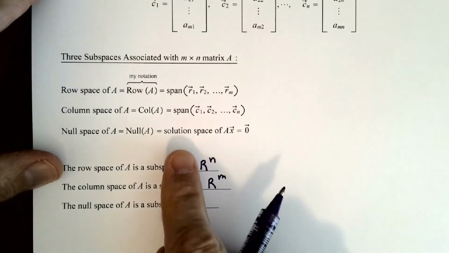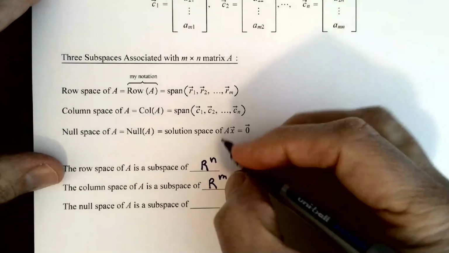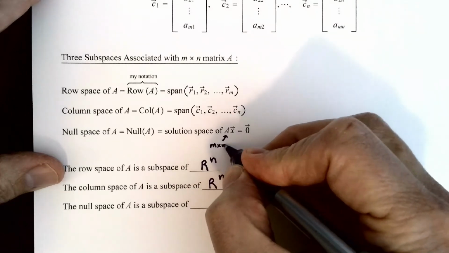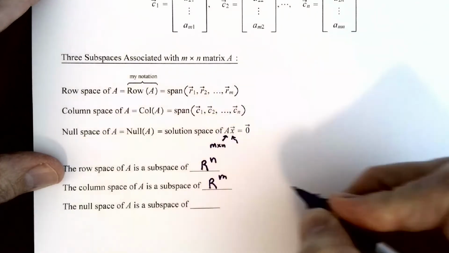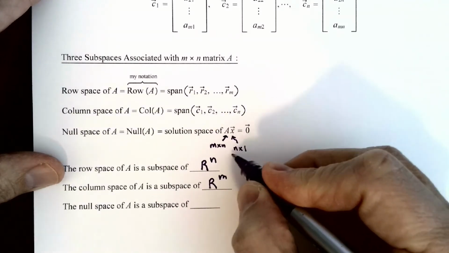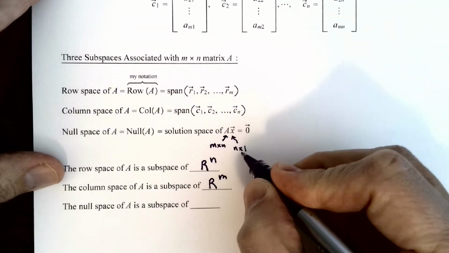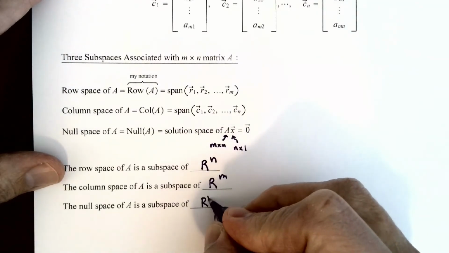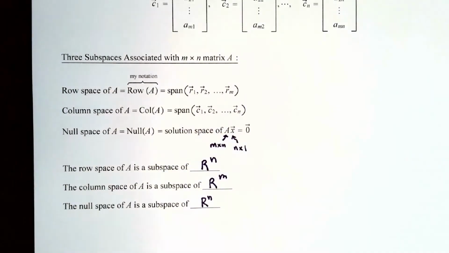Well, the null space is the solution space to AX equals 0. Remember, A is what size? M by n. So what does X have to be? What size matrix? N by 1. It's an n tuple, so it resides in n space. So notice the row space and null space are subspaces of n space, but column space is a subspace of m space.